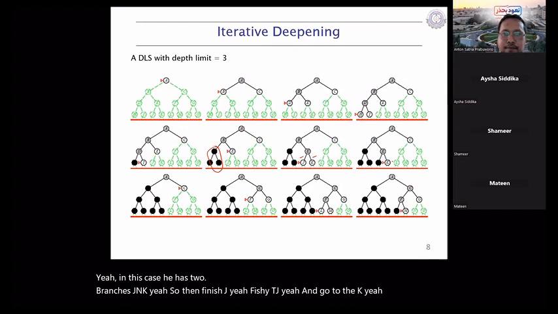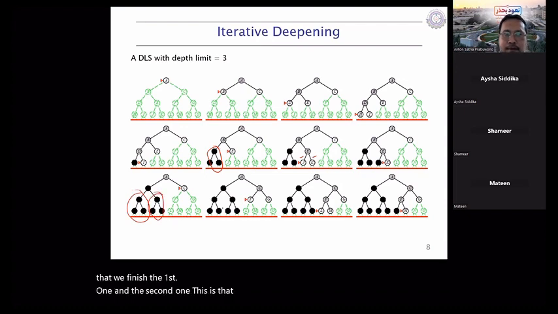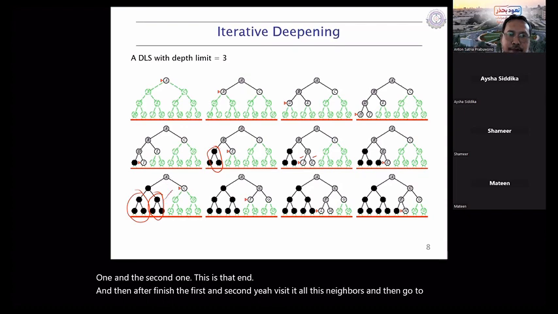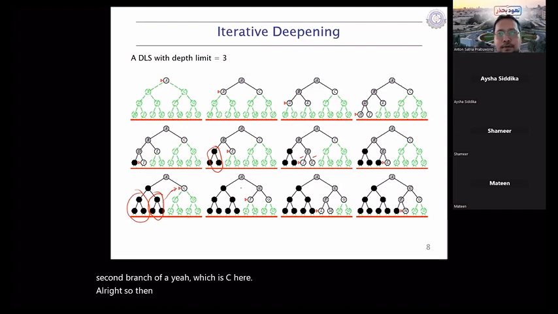Then we finish the first and second branches, this is a dead end, and having visited all these neighbors we go to the second branch of A, which is C. C has two branches, F and G. We finish F first because this is the deepest.